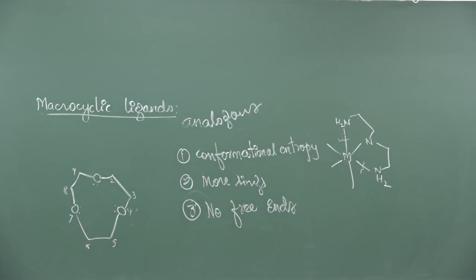Third, no free ends, in bracket you put breaking point. Free ends are called breaking points. No free ends. One example you can take is 9 crown 3.